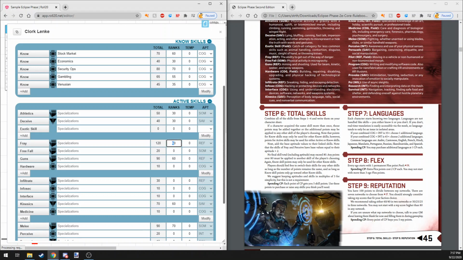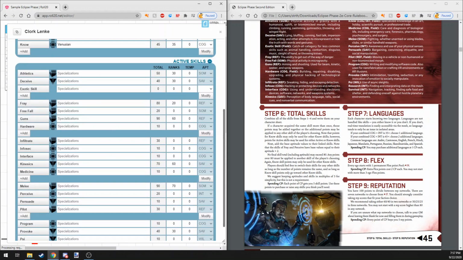So I have to remove 40 from my ranks, and I can put it somewhere else. So let's put it into infiltrate, because I want to be sneaky, and none of my other things gave me infiltrate. And then guns, I'm at 90, so I remove 10. And I'm going to put that also into infiltrate.